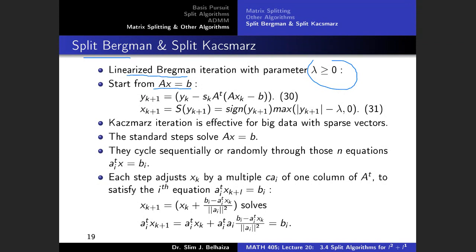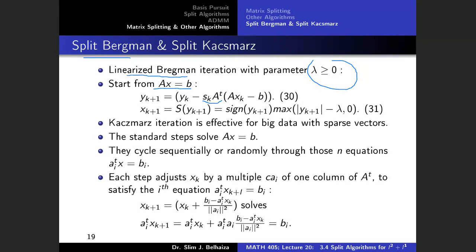I see a small typo here. It should have been written this way. Oh no, it's okay. It's right. So it's yk minus sk times Axk minus b. Okay? So this is the way you update your y's.